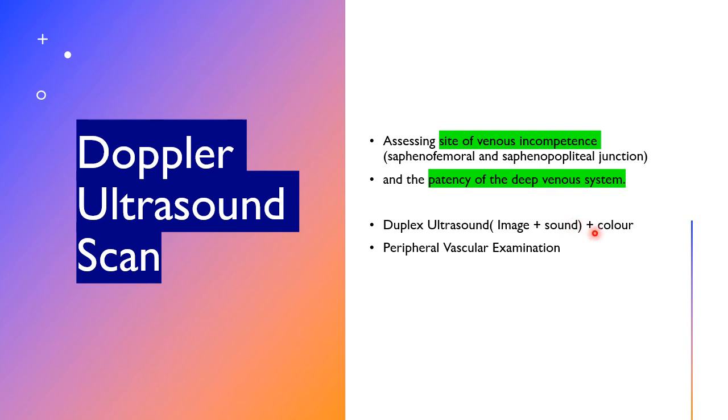And nowadays we have color Doppler ultrasound, which can also allow you to measure the speed of the arterial and venous flow. It can also help you to diagnose peripheral vascular conditions, which are very important to exclude, especially if you are considering compression treatment or surgery for varicose veins.